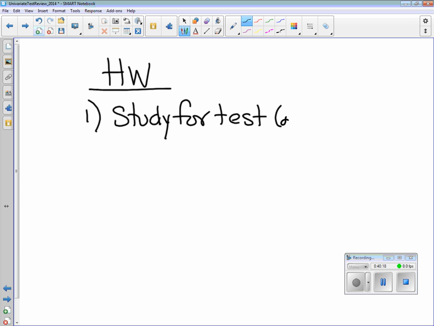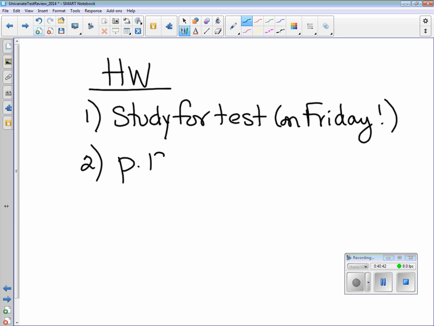The test is on Friday. Again, 10 questions multiple choice and then several free response questions. In addition to the ogive problem from before, I'm also going to have you do some on page 137.